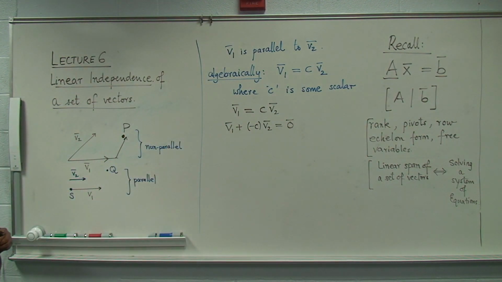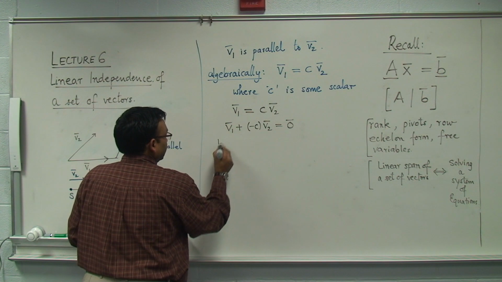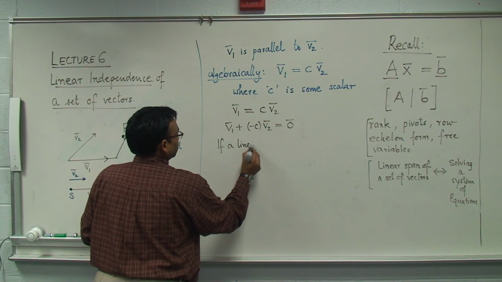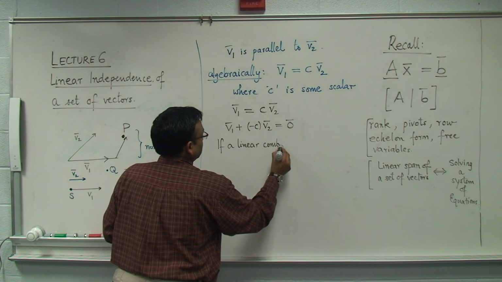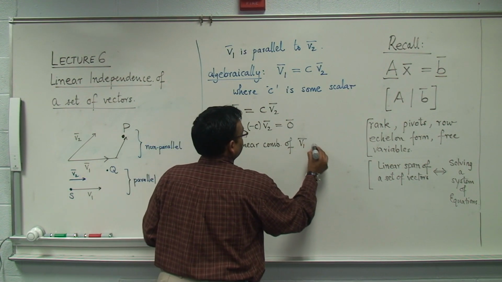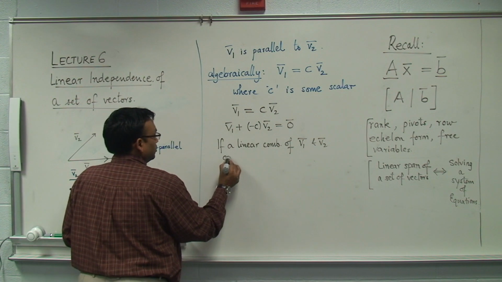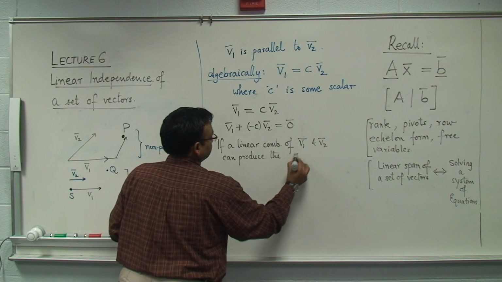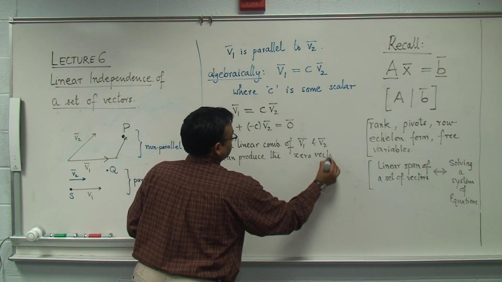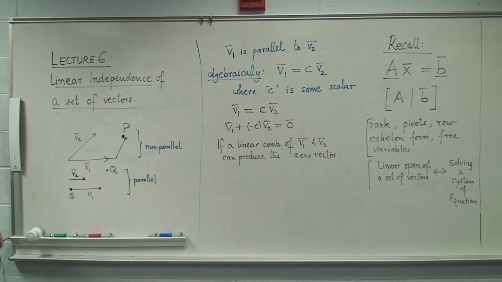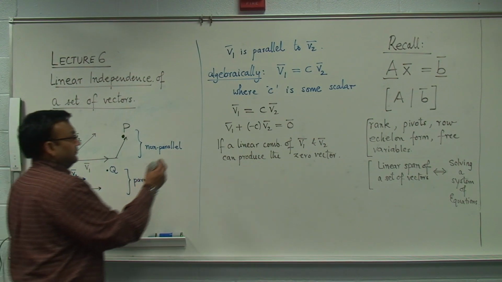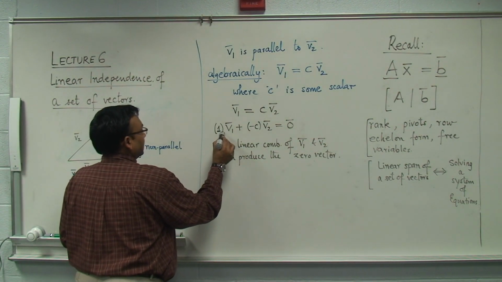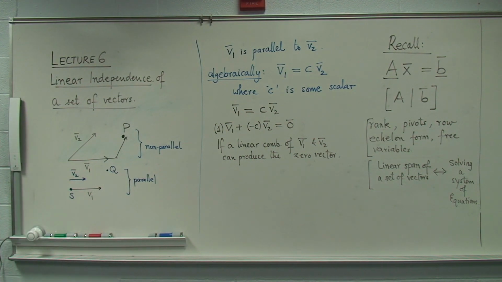So in some sense what we are saying is two vectors are parallel if a linear combination of v1 and v2 can produce the zero vector. So out here C is some scalar, the coefficient of v1 is 1. So we are saying there is a non-trivial linear combination of v1, v2 which can produce 0.